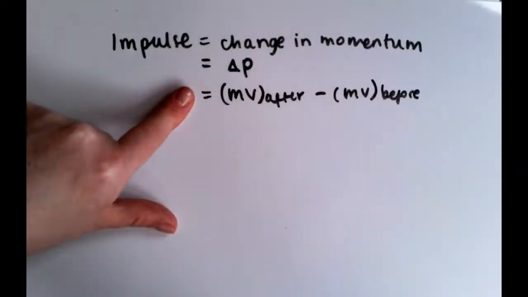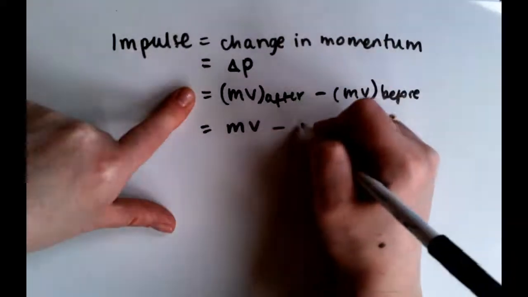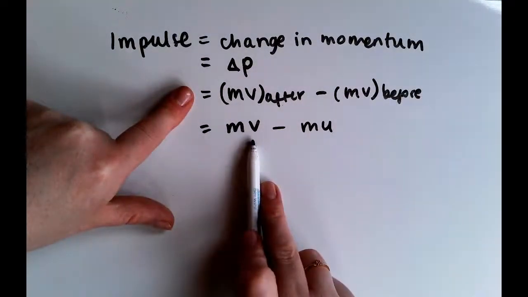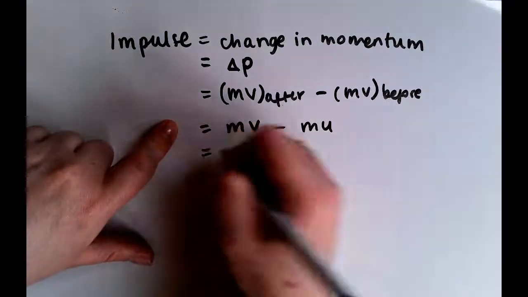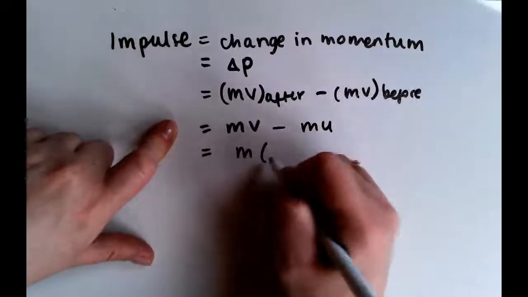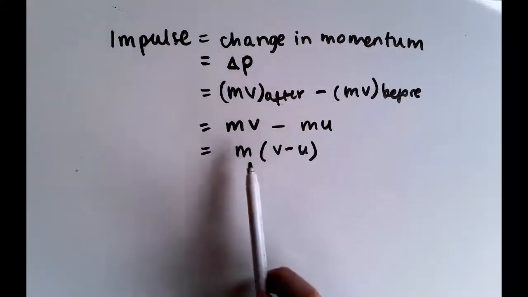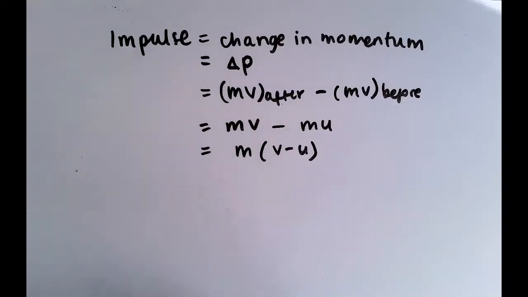Now I can actually express this as mv minus mu, where v is final velocity and u is initial velocity. And I can go one step further and put v minus u into brackets, and then you can multiply it out and see it's the same.